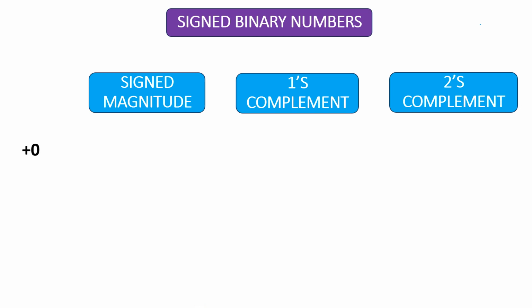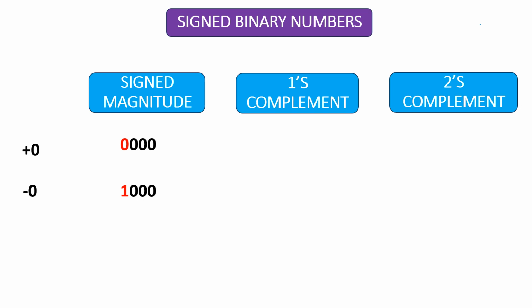For plus 0, in sign magnitude form, it is represented as 0, 0, 0, 0. Here the first 0 represents the sign bit, and minus 0 is represented as 1, 0, 0, 0. Here 1 represents the sign bit minus.